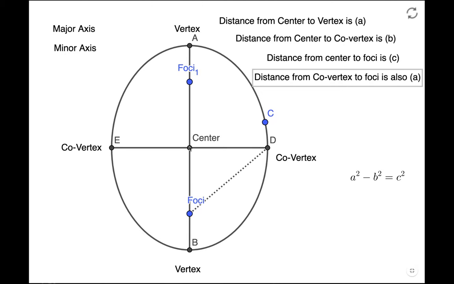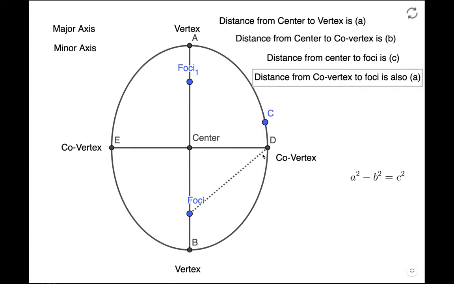Remember, the center to the vertex is A. The center to a focus is C. C is shorter than A. And A is also the distance from a co-vertex to a focus. So A is the hypotenuse of this right triangle. A is my longer side. So in reality, it would be B squared plus C squared equals A squared, but they write it in terms of an ellipse as A squared minus B squared equals C squared.